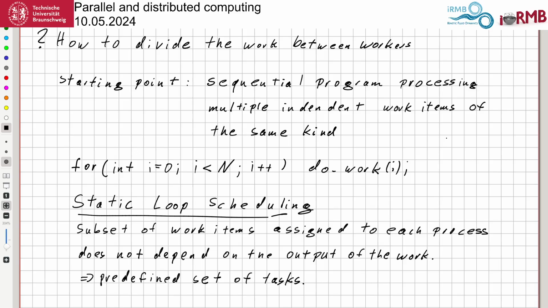And what we did is exactly this. We did static loop scheduling, because we had an idea. We know our problem. We were not naive. If you let a computer decide, or if you are naive and you don't know how expensive it is to compute a prime, then you would simply cut it into the same pieces.